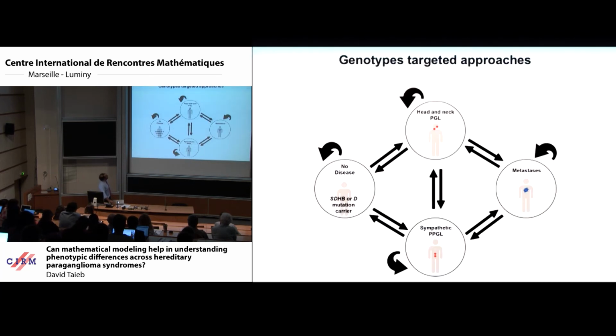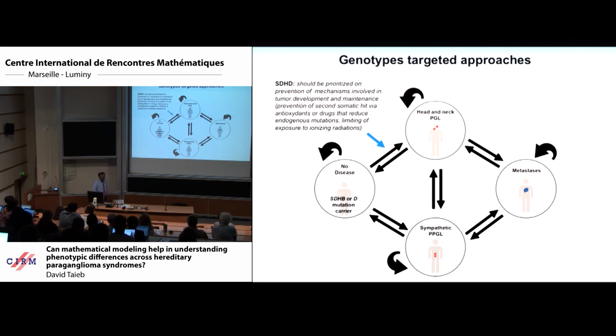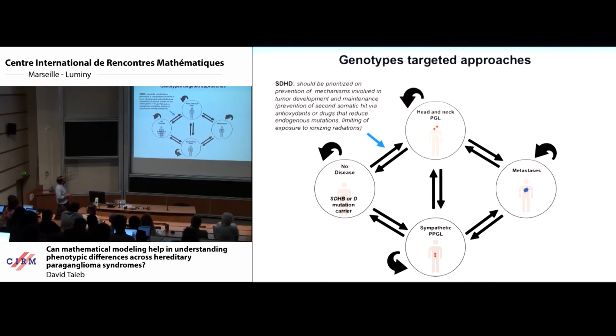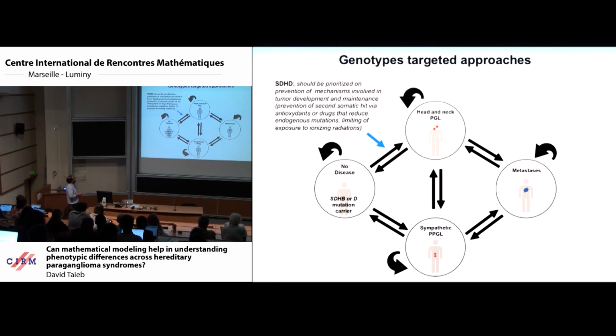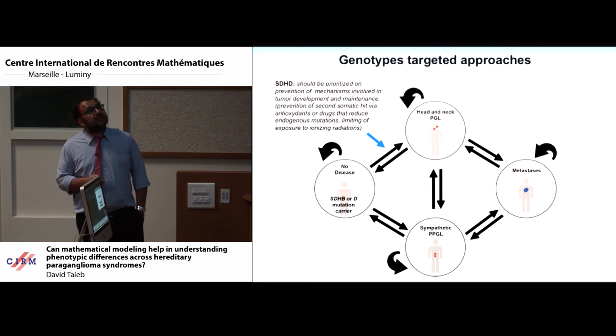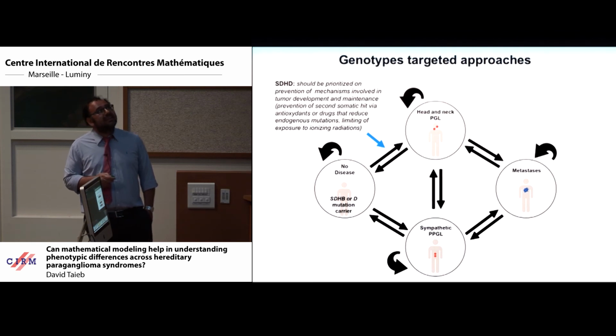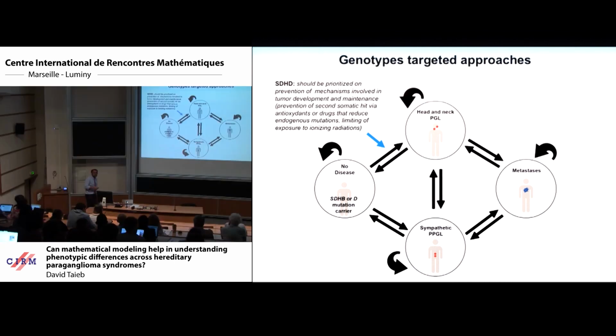So from this model, we could probably think about genotype-targeted approaches. For example, for the SDHD patient, since it's really easy to develop tumors, due probably to the very high frequency of the second hit mutation, we should probably focus on prevention of mechanisms involving tumor development and maintenance, via prevention of second hit mutation with antioxidants or drugs that will reduce endogenous mutation, or probably by limiting this patient's exposure to ionizing radiation.